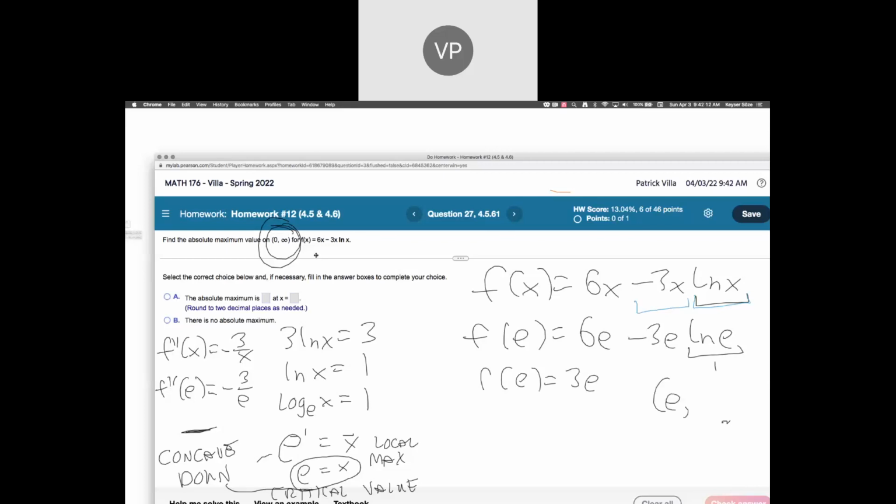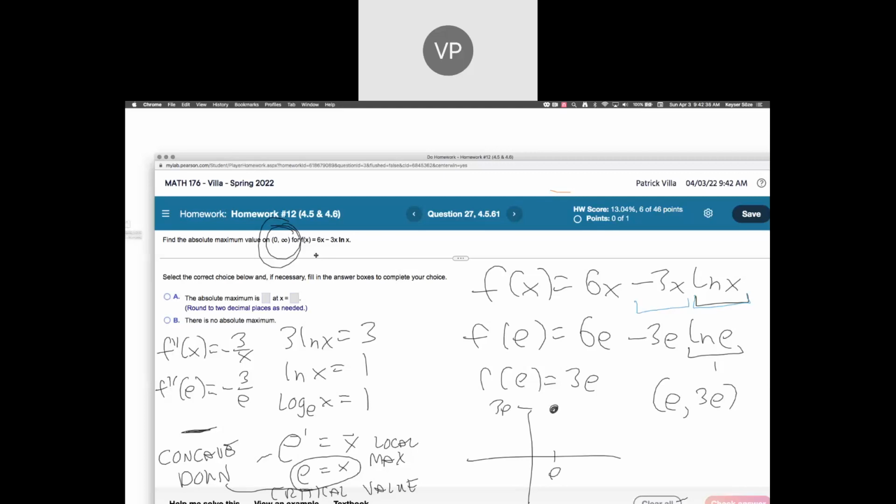That's our coordinates. And I can't say it enough. e is the number 2.7. So those are like 2.7 comma 8.1 or whatever that might be. That's the actual coordinate. So the only question is, is that the absolute maximum? All right, so we have the point that looks like it's right around here.